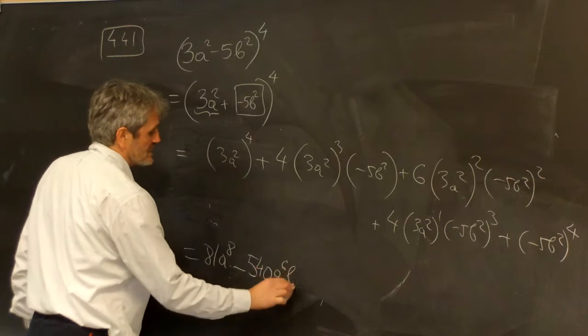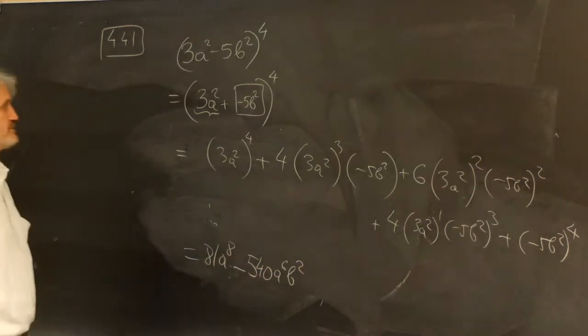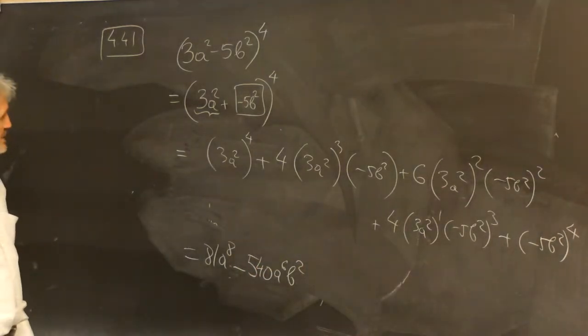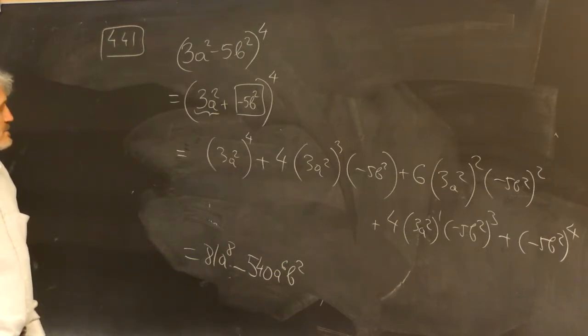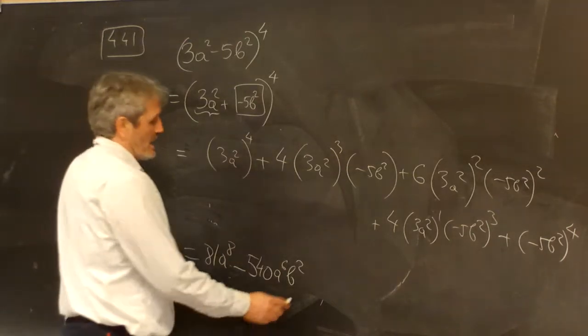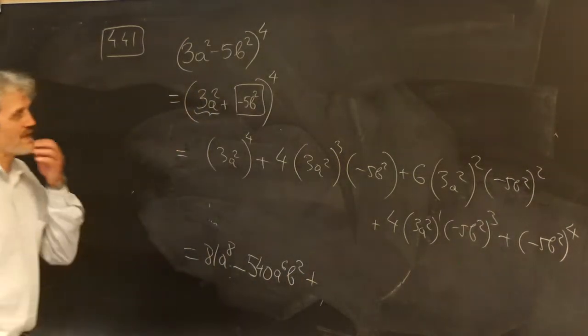540 a to the 6. 9 times 20. 9 times 20 is 180 times 3, 540. Good, good. And then now the next one will be plus.